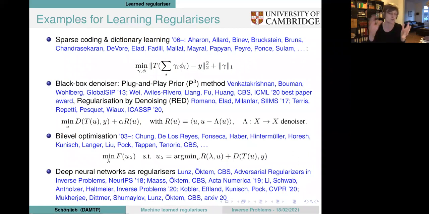Usually this would be in a kind of supervised learning fashion, where you have a training set of different images and corresponding measurements, and then you learn this parameterization by minimizing the least squares fit of your solution u lambda to the ground truth solution, and then you take the expectation of this over your whole training set.